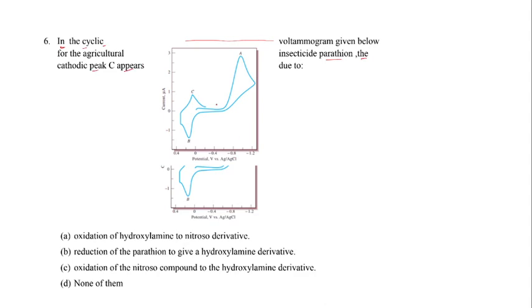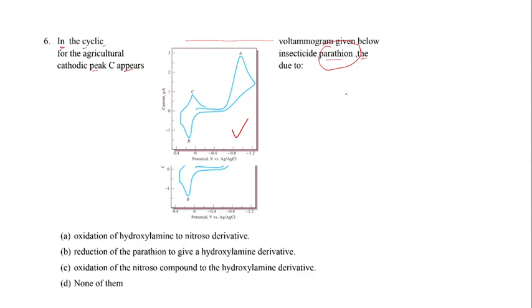See, this is the graph of cyclic voltammetry of parathion. What are the reactions responsible for these peaks? If you know these peaks, then you will be able to understand.